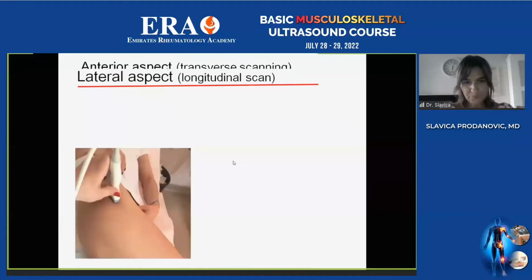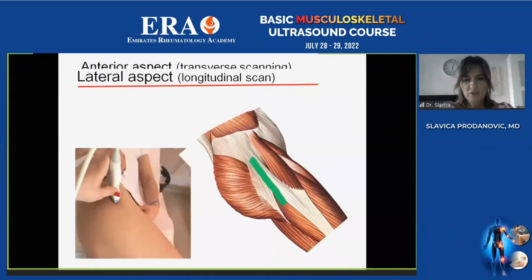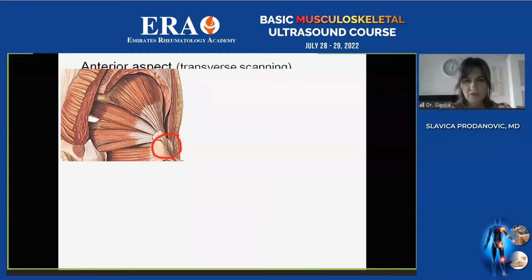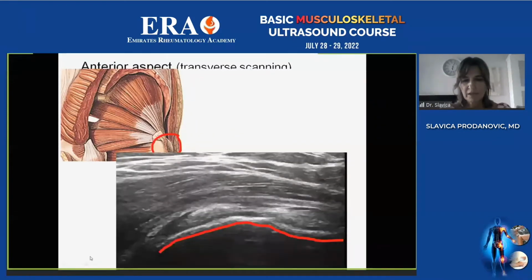We are going to explore the lateral part of the hip joint. In this position of the patient, you put the linear probe over the anatomical structure in this region. If you put the probe just over the structure, you will find the iliotibial band and the tendons of the gluteal muscles, and the bone would be the greater trochanter. So this is your bony landmark in longitudinal view.